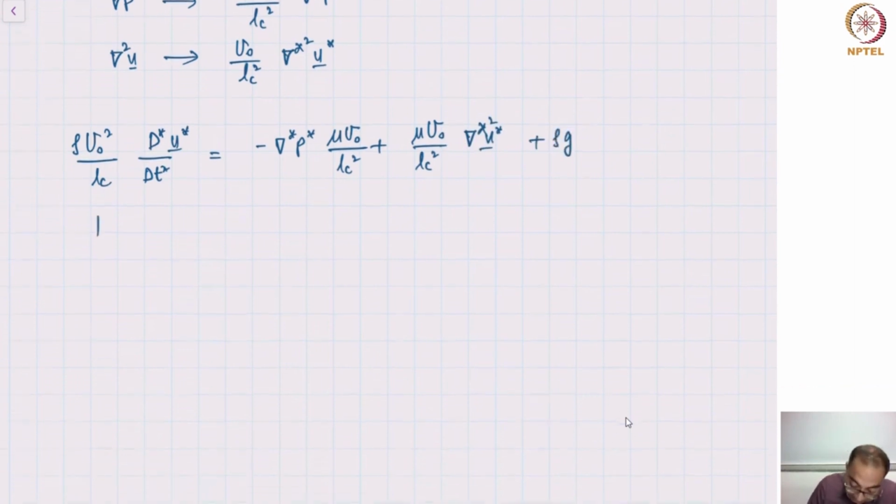And I can divide throughout by mu u naught by LC square.